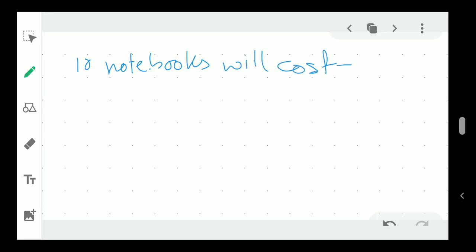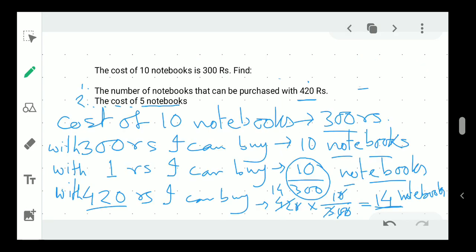So I can write in the next line that 10 notebooks will cost 300 rupees, right?